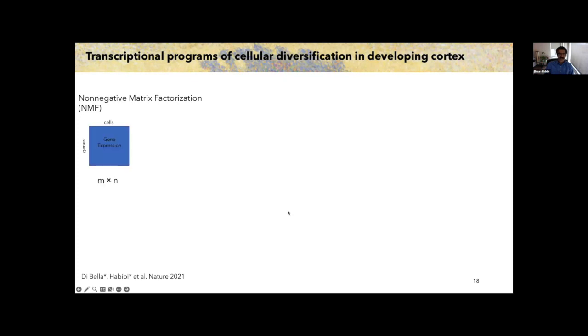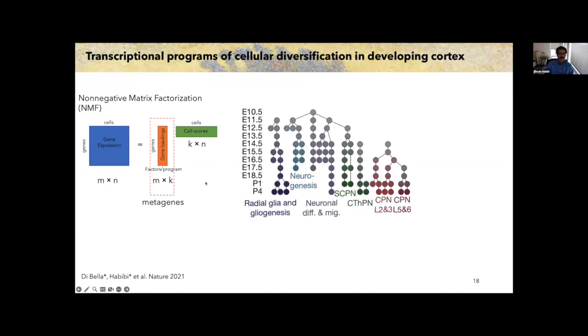It's a multivariate analysis in linear algebra. When you have your gene by cell matrix, you can decompose it into two matrices. One would be genes by factors, or the number of programs that you choose, and the other scores all those programs, the number of metagenes, in each cell of interest.